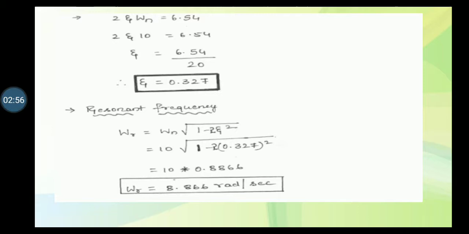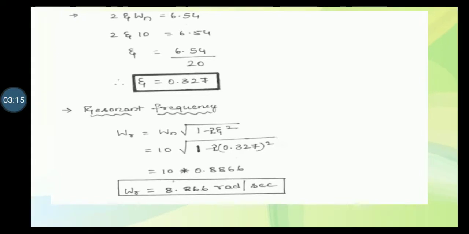Next we'll find the resonant frequency. ωr is equal to ωn root of 1 minus 2ζ². Substituting ωn and ζ², it is 10 into root of 1 minus 2 into 0.327 squared, which comes to 10 into 0.8866. So ωr is 8.866 radians per second.